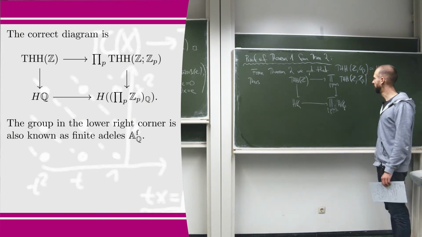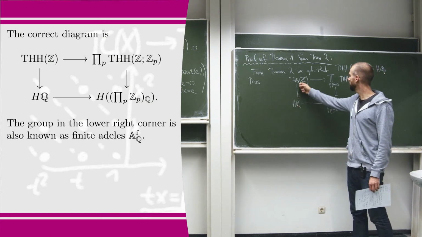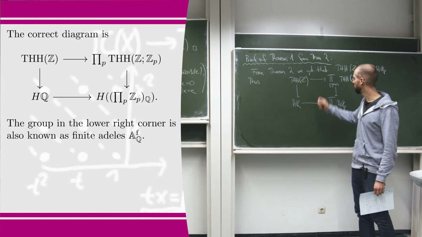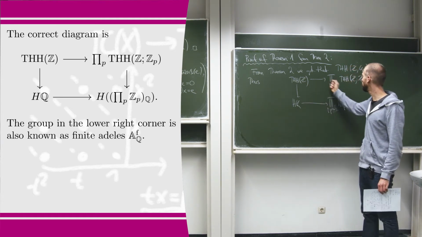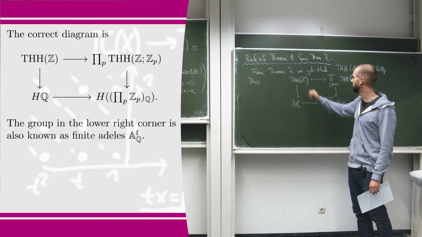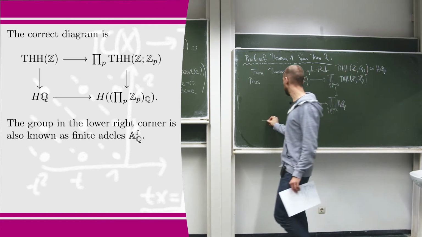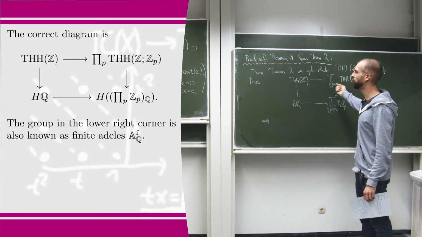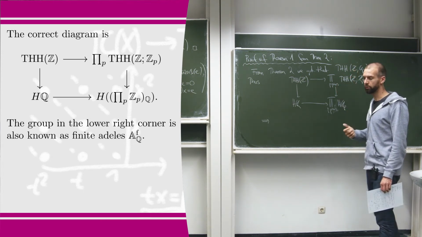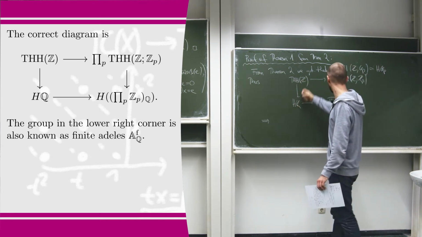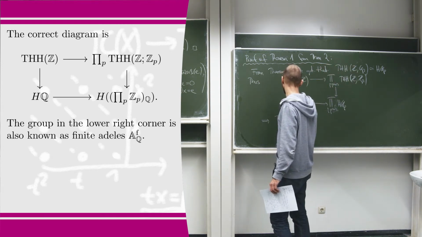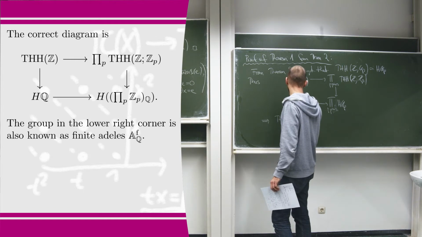And so by the long exact sequences associated to that pullback square of spectra, you see that these two terms only differ in degree 0. So we immediately get that in degree 0, this is given by the profinite completion of the integers, a product over all Z_p's, and this is Z, and this is the same difference as here. So we get immediately that THH_0(Z) is actually Z.